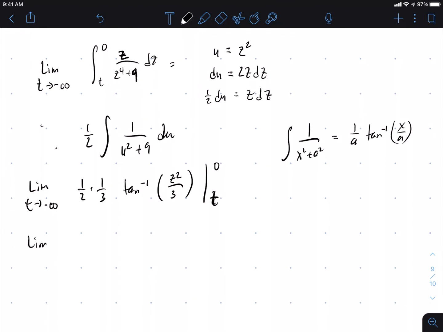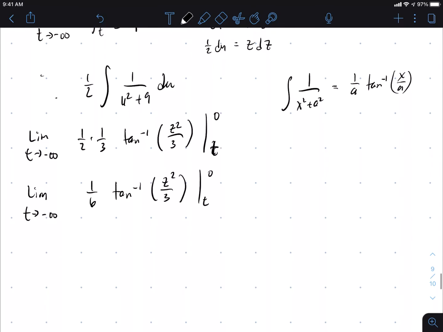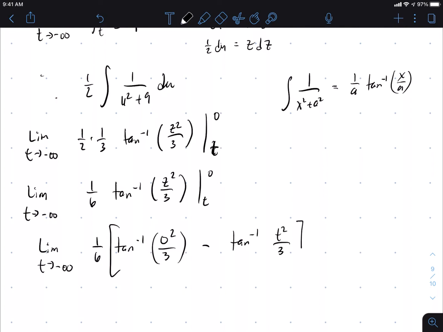All right, and then from there, the limit as t goes to negative infinity of 1/6 tan inverse of z squared over 3 from t to 0. So I'm going to get the limit as t goes to negative infinity of 1/6 tan inverse of 0 squared over 3 minus tan inverse of t squared over 3. Correct?